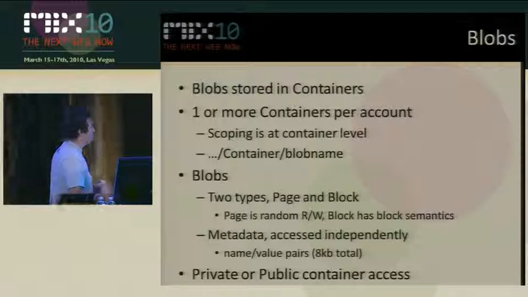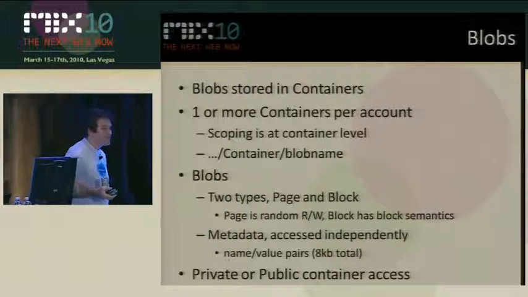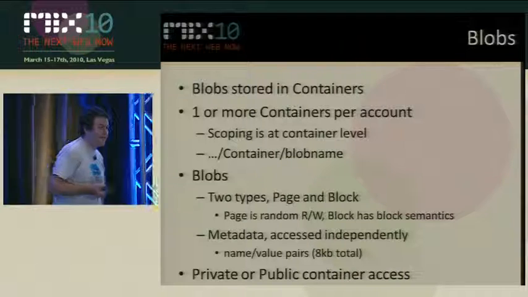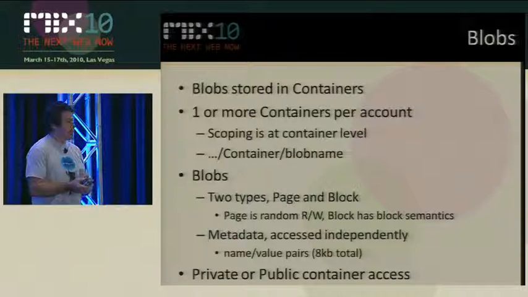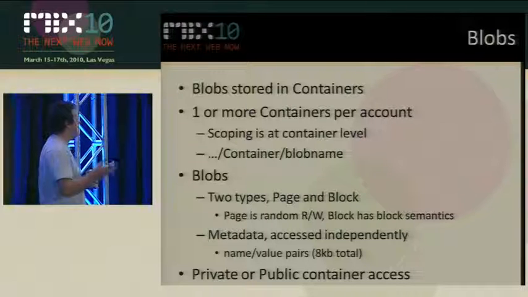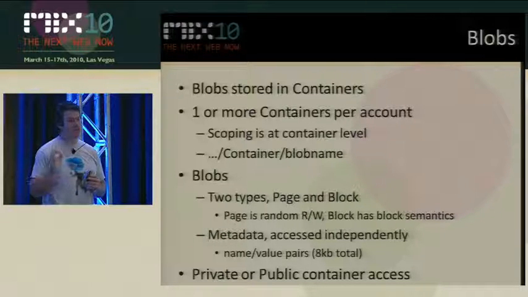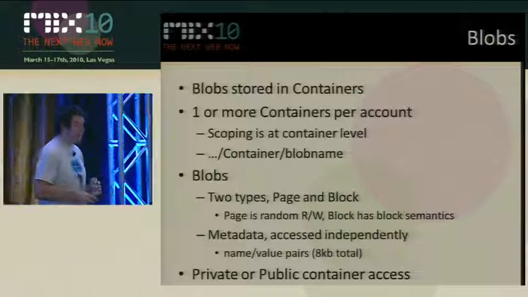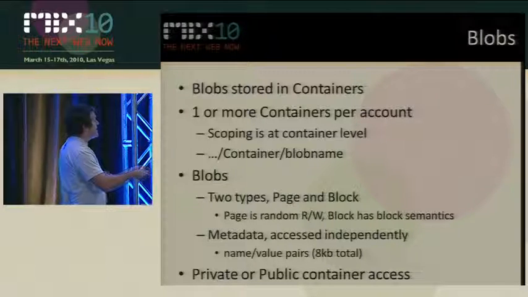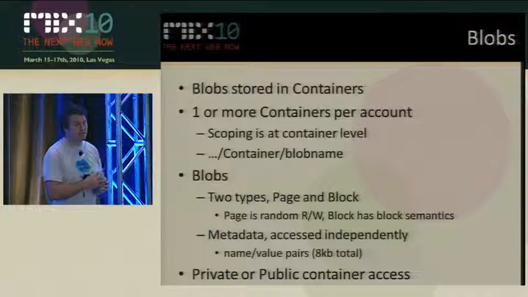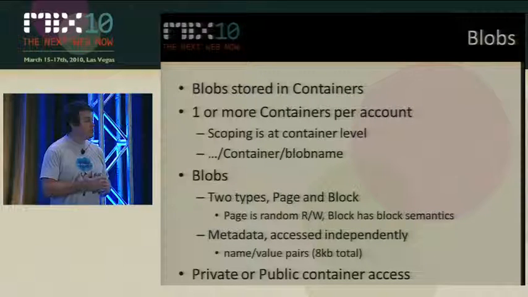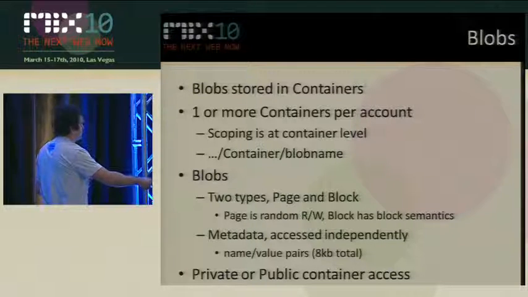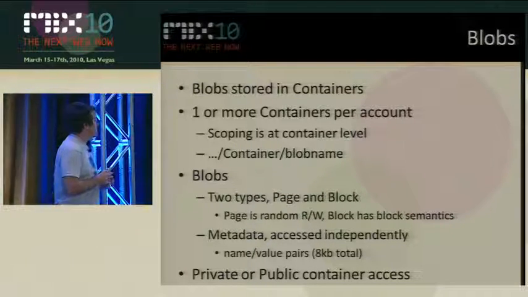To drill down a bit, blobs are your primary mechanism for storing binary data in Azure Storage. They're scoped by a container, so you basically create containers and then you create uniquely named blobs within those containers. Your container ends up providing you with an addressable URI, again, that you can do a GET at and receive that data back, provided your container is public.